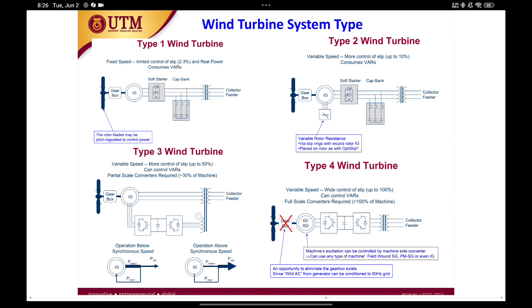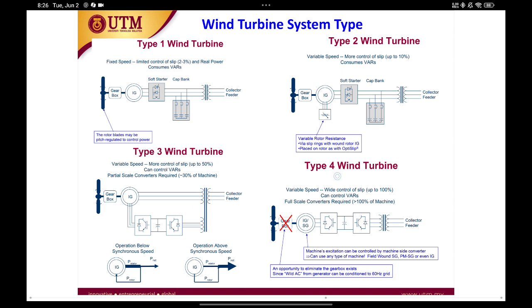So you have a stator, the outer loop connected to the grid, and the inner loop, the rotor, connected to the cycloconverter. Make sure you know how to draw the cycloconverter. So this is the important part.